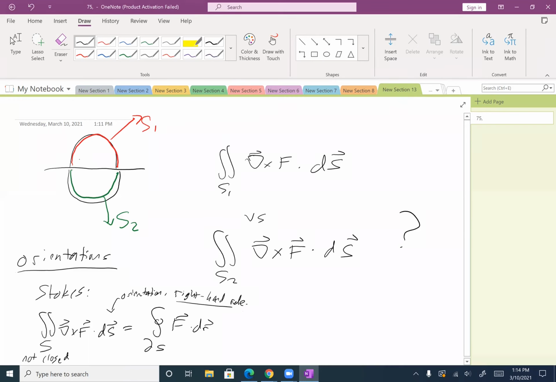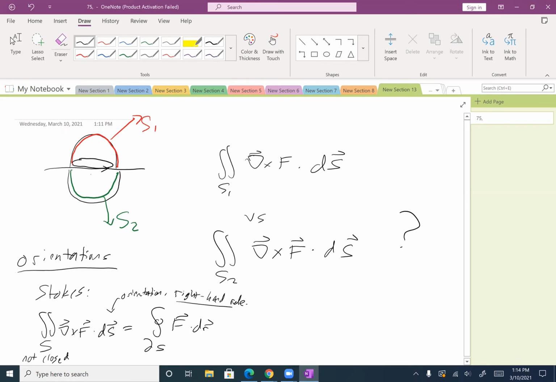Okay, so if I use Stokes theorem for each of these integrals, we have to keep in mind what the line integral will look like. So for S1, using the right-hand rule, we see this is the correct orientation, counterclockwise. It's positively oriented.